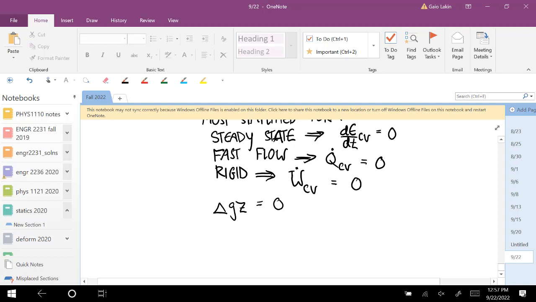And so you get a form that you can write as hi minus he is equal to 1/2 times the speed at the exit squared minus the speed at the inlet squared.